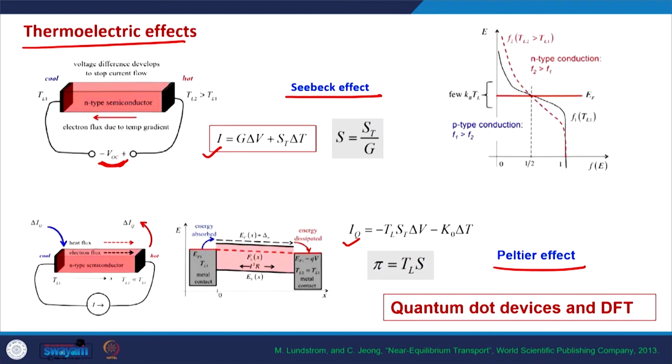The reverse happens in the case of the Peltier effect. Because of a current flow in a semiconductor, the heat current also flows, which develops a temperature difference. So that's what we discussed in thermoelectric effects and derived the Seebeck coefficient and Peltier coefficient.